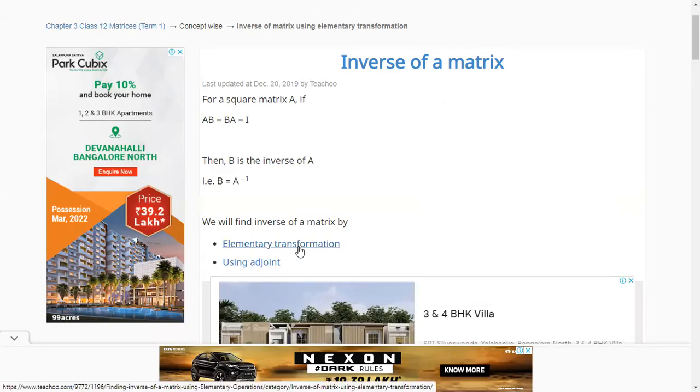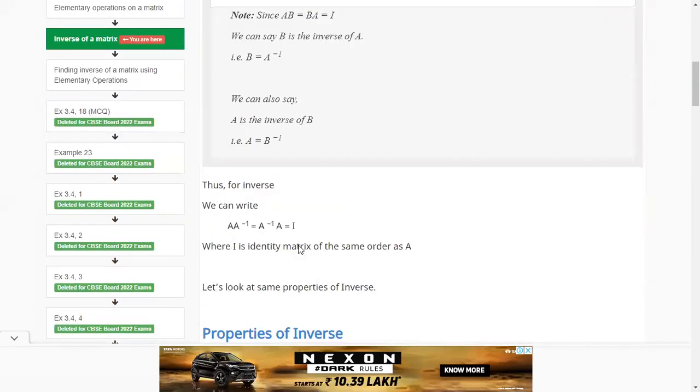Then you can do either row transformation or column transformation to find the inverse.